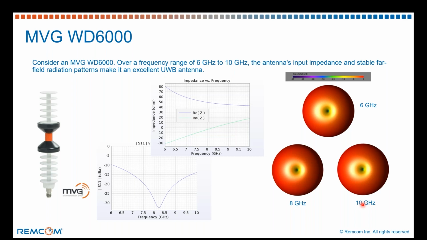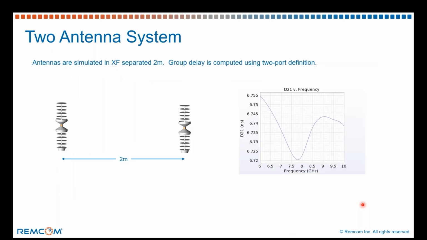So we started out by just running a simulation to familiarize ourselves with what we already know from a measurement perspective. We took 2 of these antennas and put them into a single XFdtd simulation space.